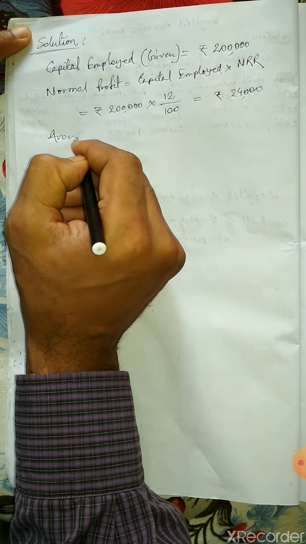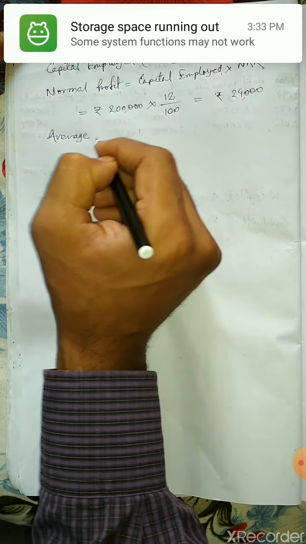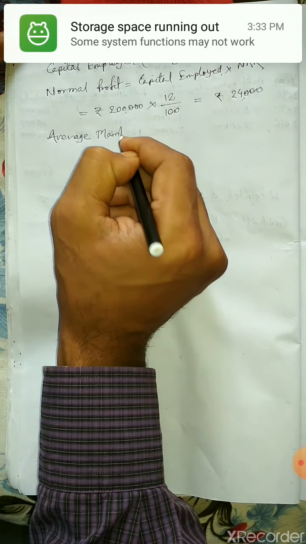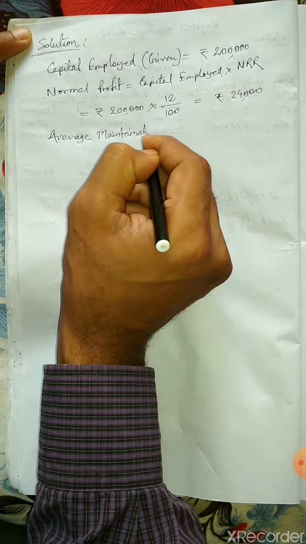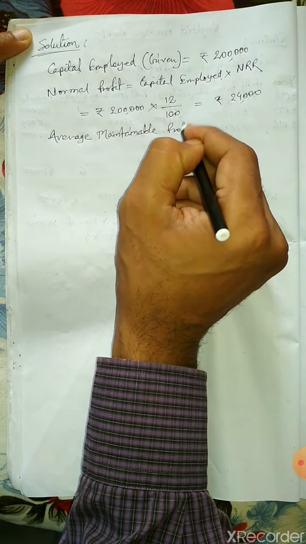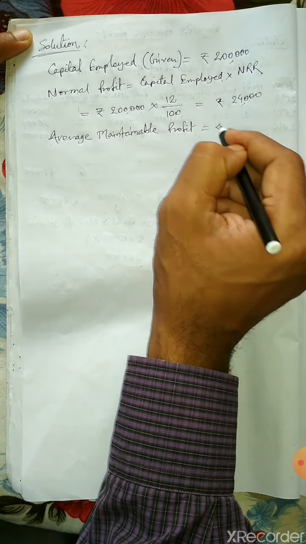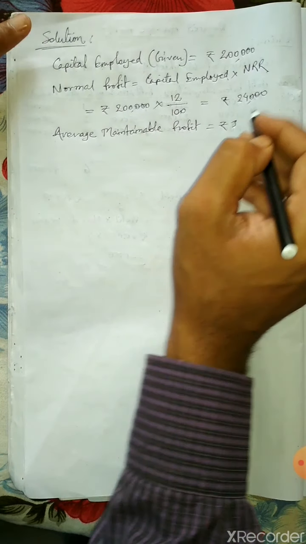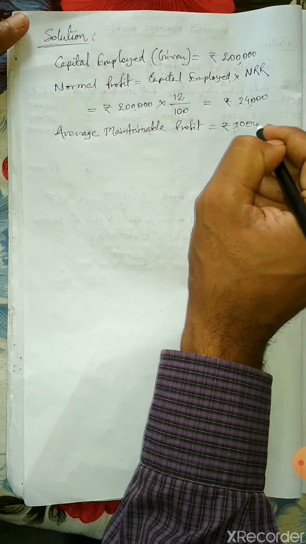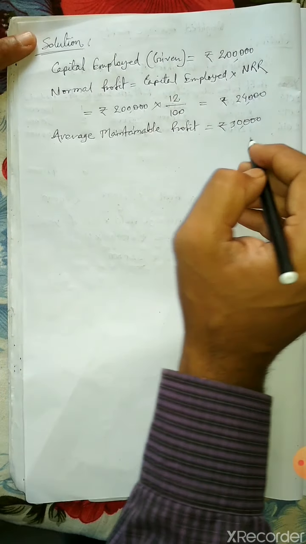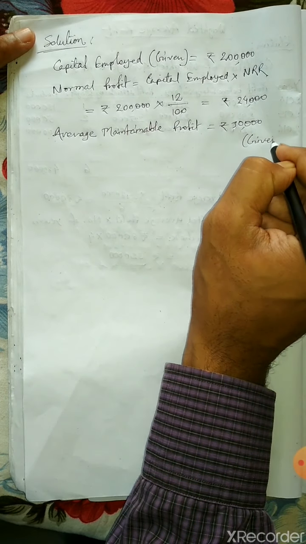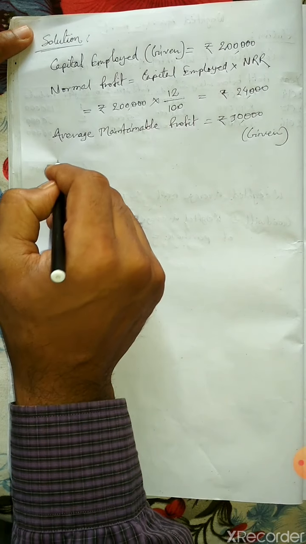Now we will have to find average maintainable profit. Average maintainable profit is also given here, rupees 30,000. You don't have to calculate this. It is already given. Now you have got both the things, average maintainable profit and normal profit.